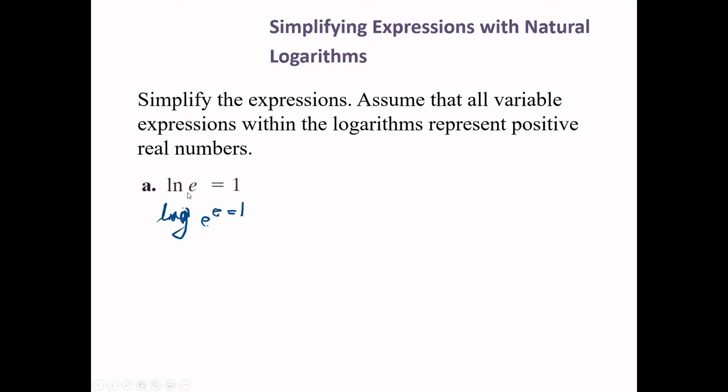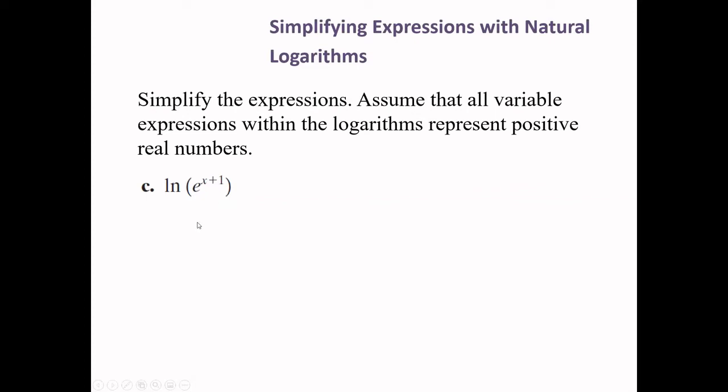Why is this? Well, because this means log base e of e. Here, what do we have? Natural log of 1 is 0, because we have log base e of 1, and anything of 1 is 0.